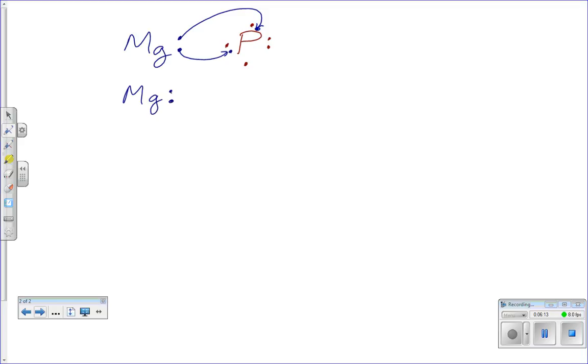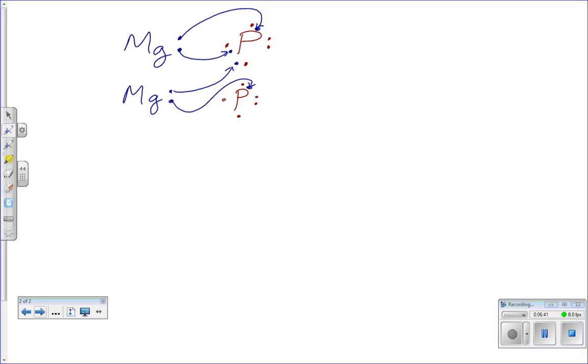It has 2 electrons, so this one will go up here. Well, now that phosphorus is full, but this magnesium has 1 more electron that it wants to get rid of. We got to get another phosphorus. So now this electron can go here.